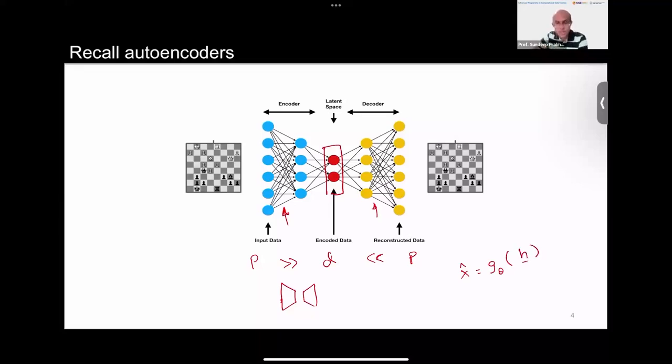Now, given this latent variable, you want to guess how my image is generated, right? So this is our generator. Given a deterministic h, I know how to go from h to x, which means that I know how to generate my data points.